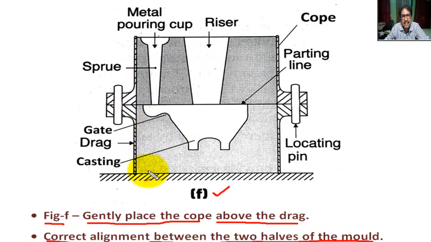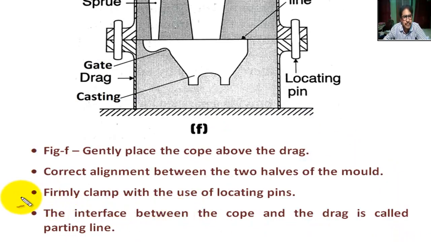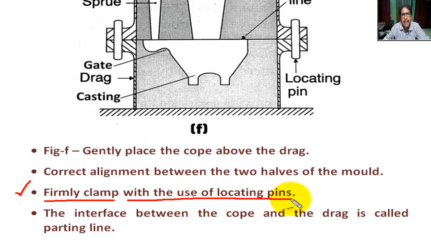Upper portion is cope and lower portion is drag. Properly align the two halves and firmly clamp with the use of the locating pin.